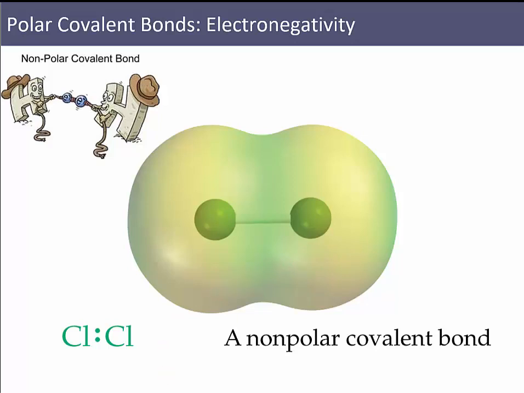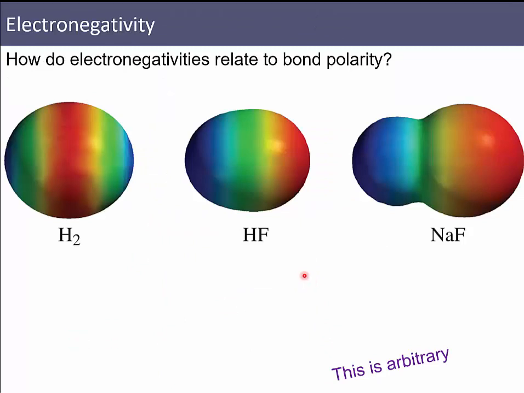So how do electronegativities relate to bond polarity? We've got a numerical way to do this. Stick this in your head, because this is what makes something a polar bond versus a nonpolar bond versus an ionic bond. The stuff about it being between a metal and a nonmetal, or between two nonmetals, this is what that rule is. It's kind of an arbitrary rule, but if your electronegativity difference is 0, you are nonpolar.